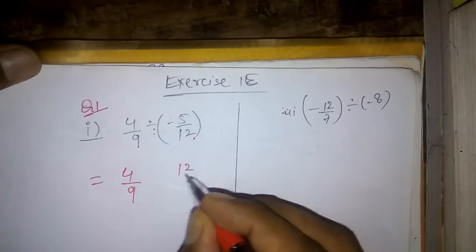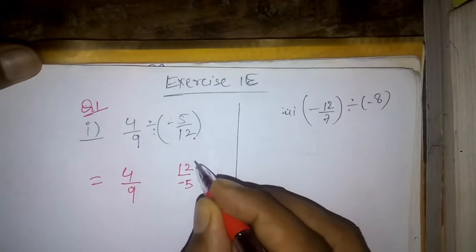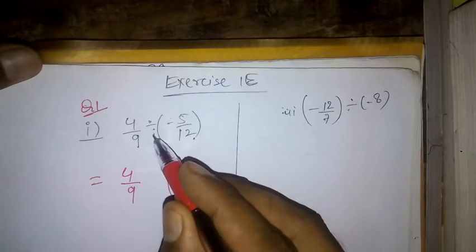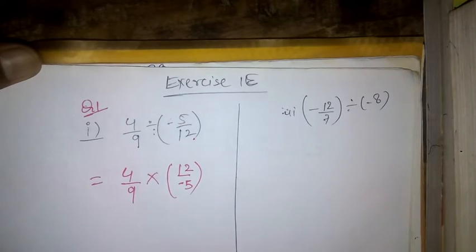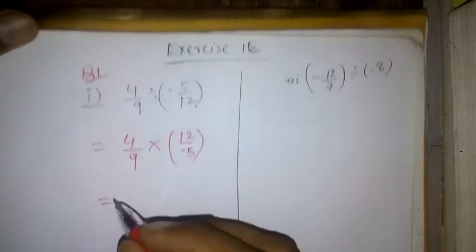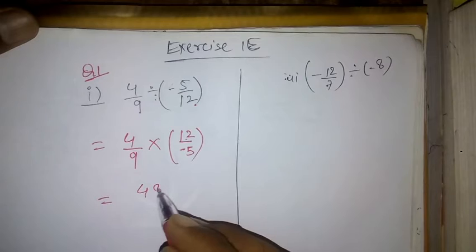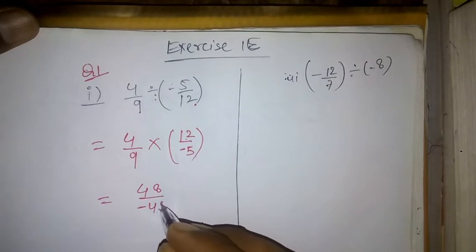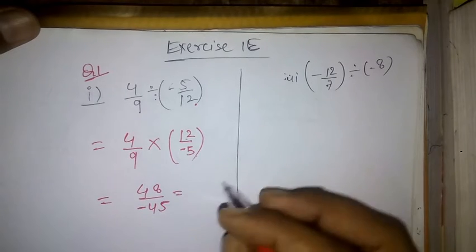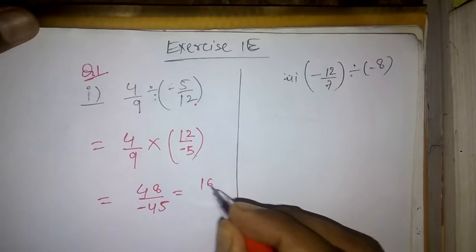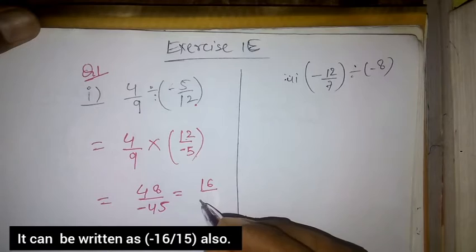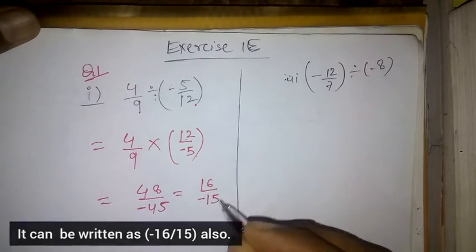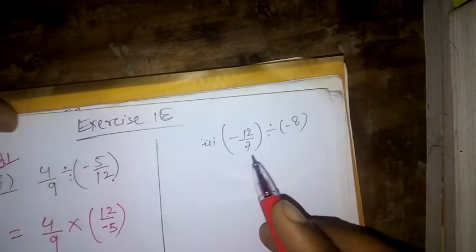It will be 12 upon minus 5, and this division sign changes to multiplication. So 12 into 4, 48, and 9 into minus 5, it is minus 45. You can simplify it as 16 upon minus 15.